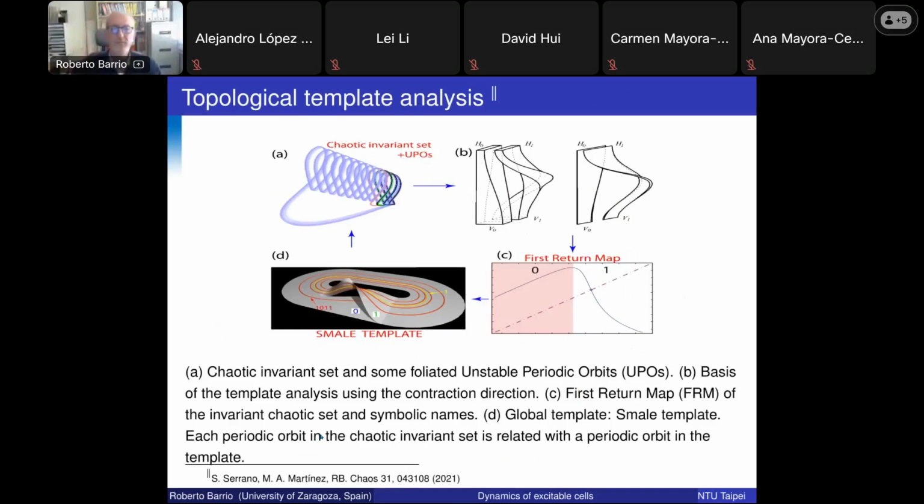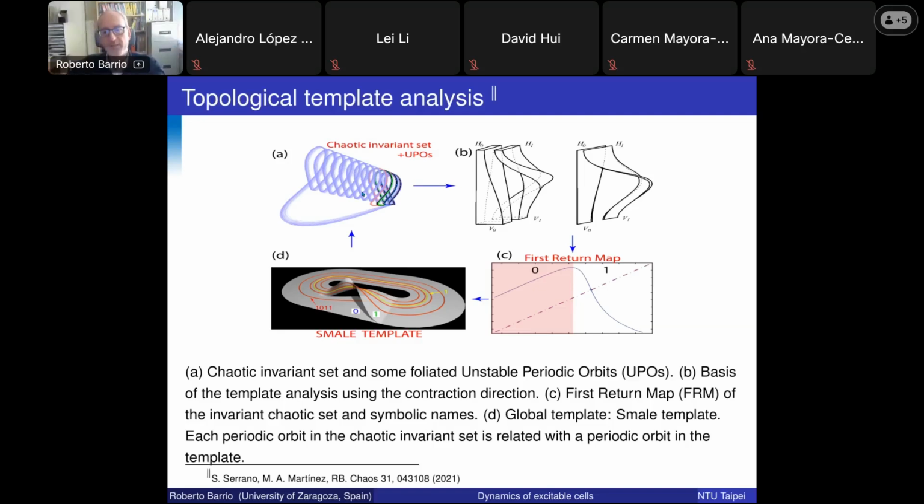In this case, the typical analysis is that you have a chaotic invariant set, not necessarily a chaotic attractor. It can be a chaotic saddle. Okay, so in the case you have this invariant set, you go to the limit of the quizzing. That is useful when you have some strongly contracting direction.